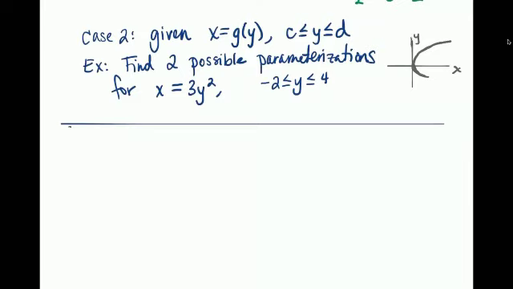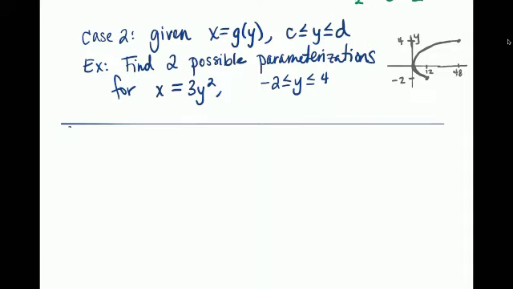And let's just put some points here. So this is starting when y is -2. It's ending when y is 4. And we can get the x values for the starting and end points as well, which will be useful for us in a minute. So notice when y is equal to -2, that x is equal to 12. And when y is equal to 4, x is equal to 48.